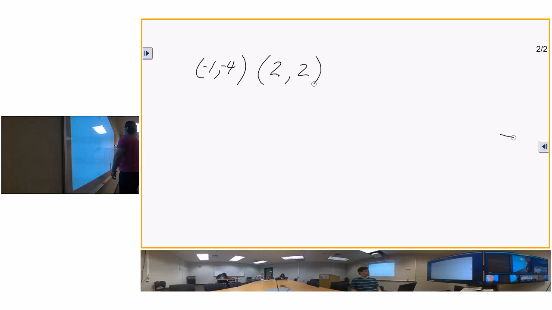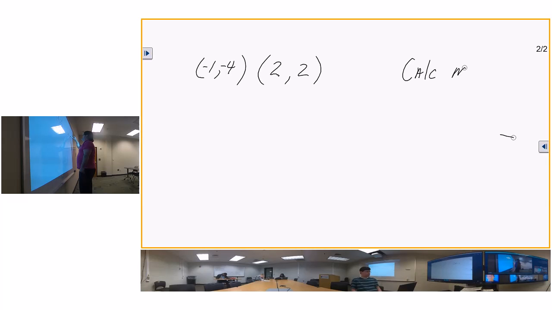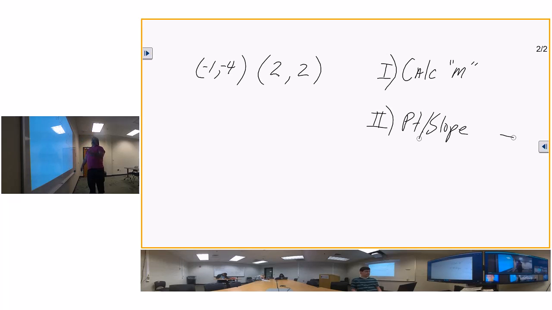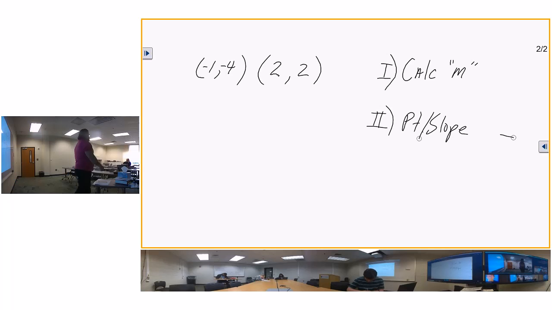And I want you to first calculate the slope. That's the first thing. And then I want you to give me the equation using the point-slope equation. That way I can test you on two things that we went over today. Calculate the slope, and then plug and chug into the point-slope equation.